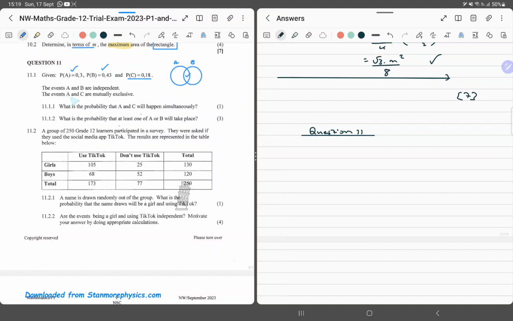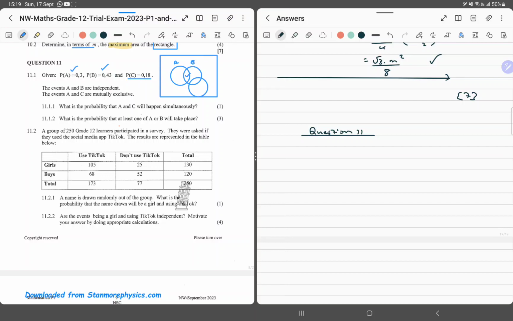And we are told events A and C are mutually exclusive, meaning A and C do not intersect. So basically, we can say C probably does something like this. Maybe. This is just the thought, okay? In case we need it. Meaning A and C do not have an intersection. That means B and C are likely to have an intersection. It's possible.